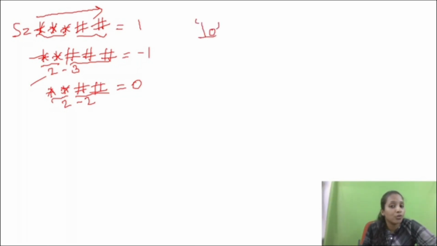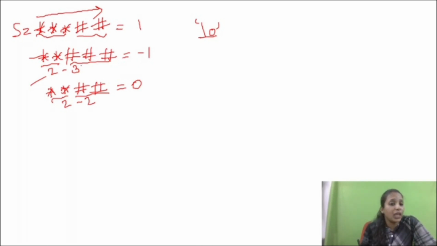So we will make use of this point and we will loop through the entire string from starting position to the last position until a null character is encountered. Till then, we will check for the number of star and number of hash. So if a character is equal to star, we will increment the counter for the star, and we will also increment the counter for the hash if a hash is encountered.